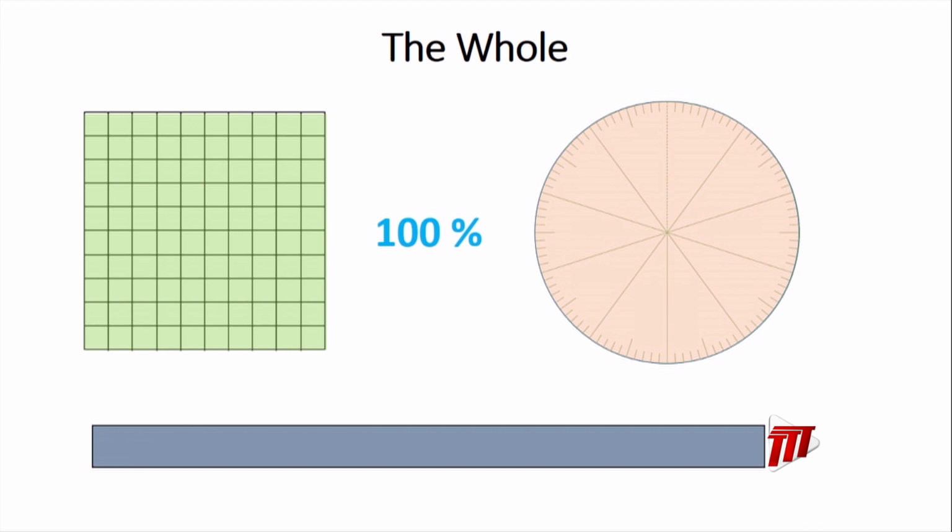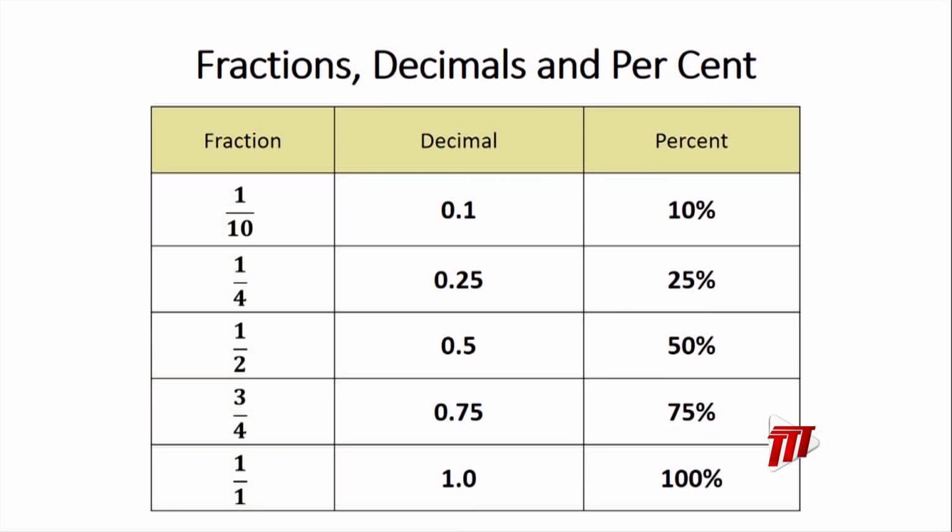And that, girls and boys, is very important information for when we are solving problems. We must recognize what the whole is and what the whole represents. And the whole is always represented by 100%. So 100 of the parts are shaded, which is all of the parts. Boys and girls, I know you are familiar with the conversion table.